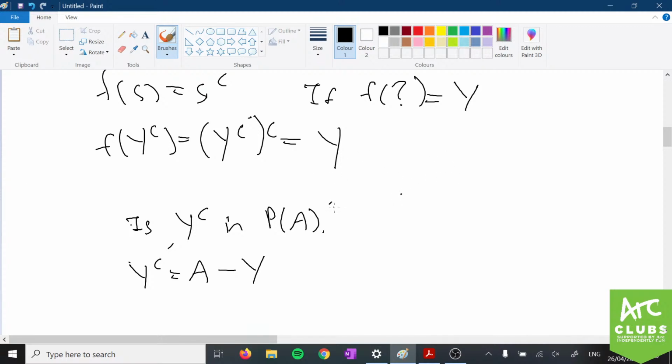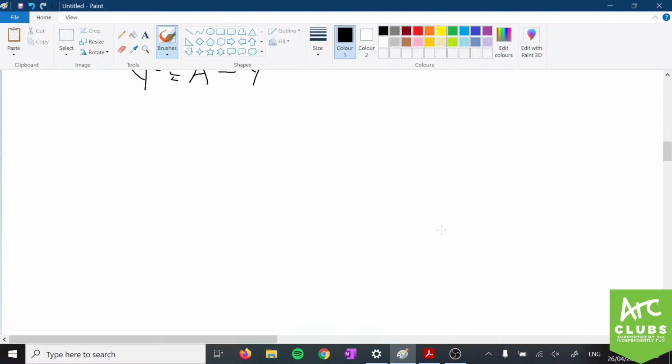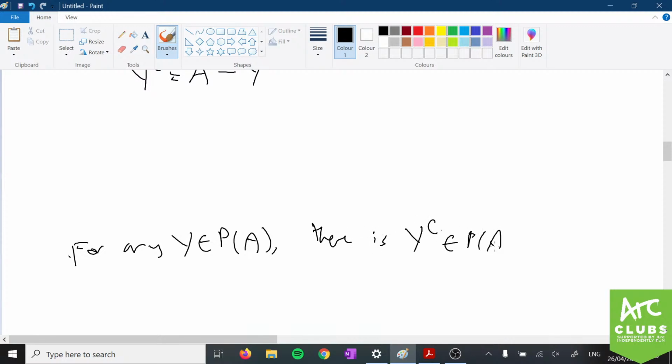Yes. So, this is a really informal way of proving it, but we have just shown that for any set y in PA, there is y complement in PA, such that f of y complement equals y.